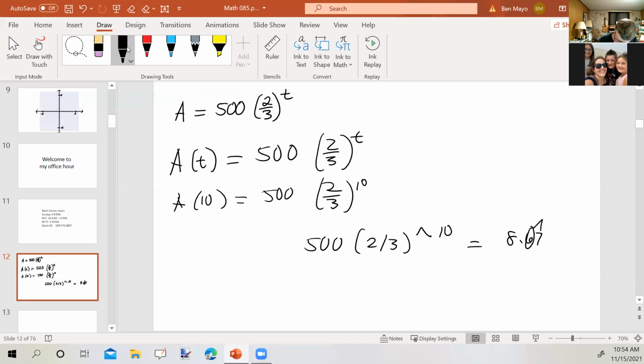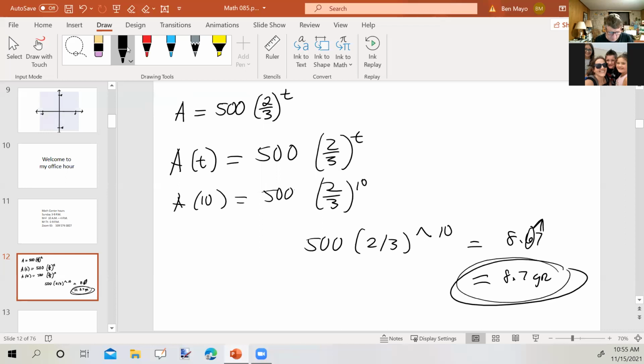This is the 10th column, the 7 would round up, so 8.7 grams. So we started out with 500 grams. At the end of 10 years, it has 8.7 grams of some radioactive material. Okay with that? Again, here's our starting value, and this is a decreasing function because the base is between 0 and 1.